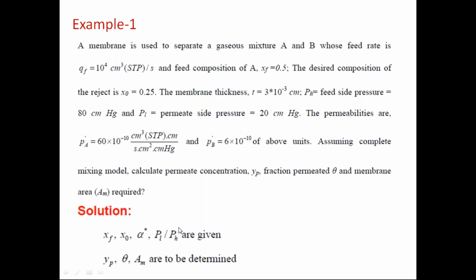Then the low and high pressures are given, the pressure driven operation. So you can see the pressure imposed across the membrane is given, and then you have to calculate the cut and YP, the product composition, and the membrane area.